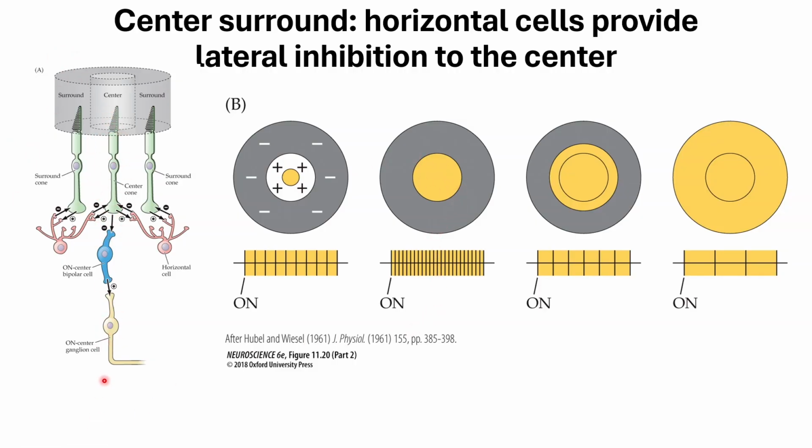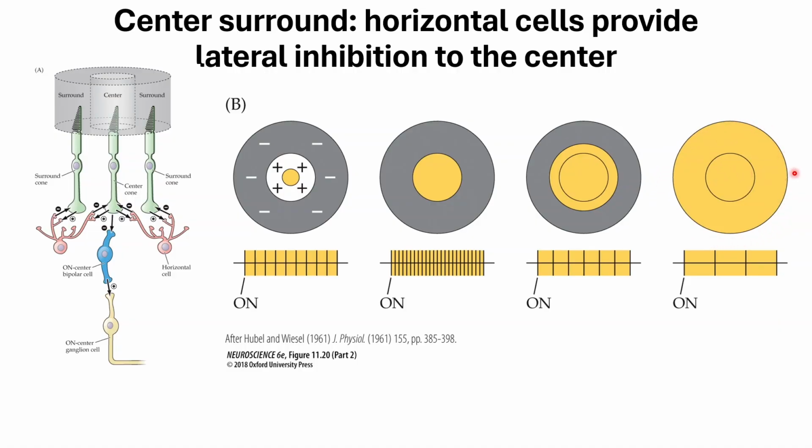There's as much glutamate that could possibly be released here, but some of it is being inhibited because it's not able to release as much glutamate as it normally would because of the inhibition being provided by the horizontal cells, which means that there's less disinhibition of the on-center bipolar cell, which means that there's less glutamate at the synapse when we start to include more and more of the surround.